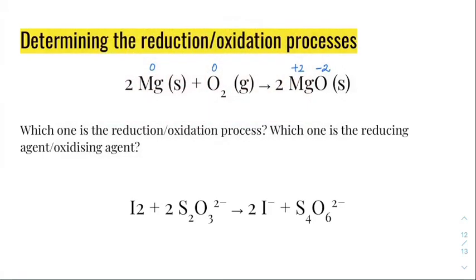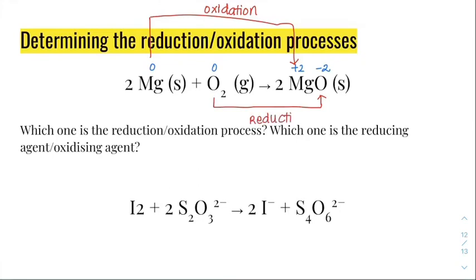So from magnesium to magnesium oxide, it is an oxidation process. Then from oxygen to magnesium oxide, it is a reduction process. The number is reduced from 0 to -2, that is why it is a reduction, while for magnesium, the number is increased from 0 to +2.